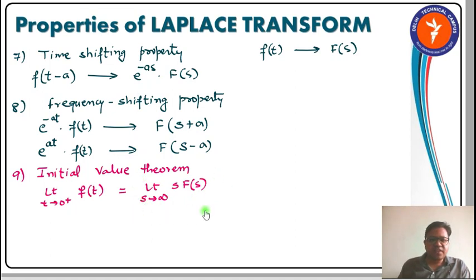So this is giving the initial value of the function in the time domain, which is why it is termed the initial value theorem. Just like this, we have the final value theorem.